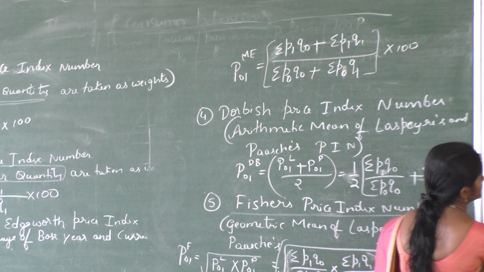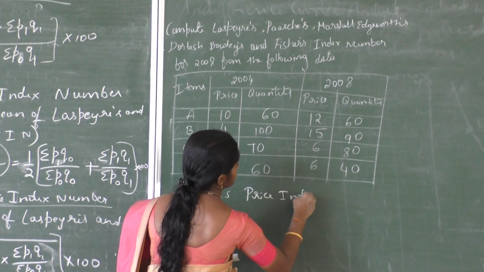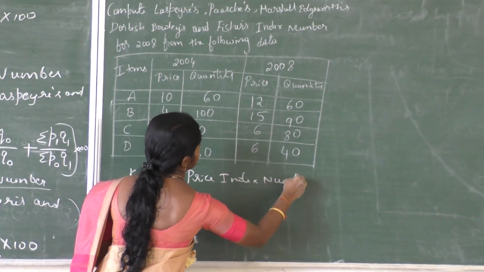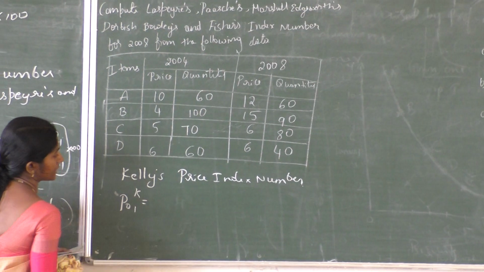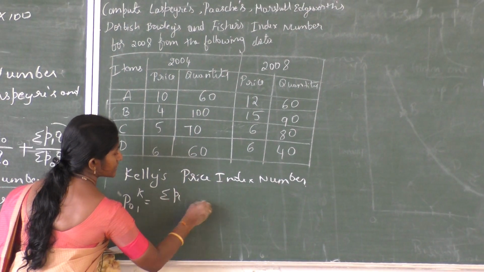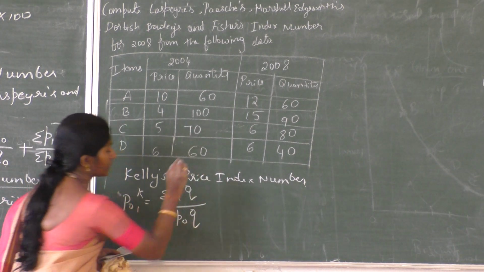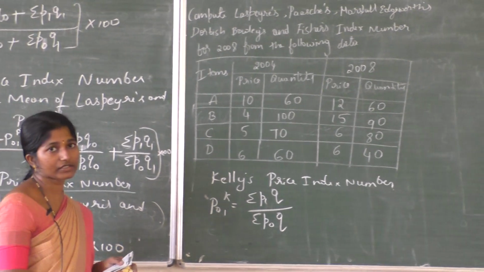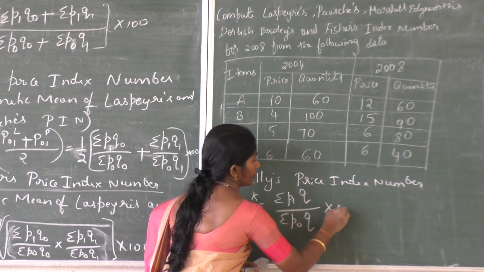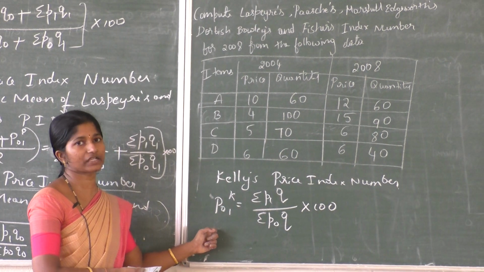P01 for Kelly's equals the total of P1 by P0, with quantity fixed, no base and no current, kept as it is, into 100. This is the formula of Kelly's price index number.